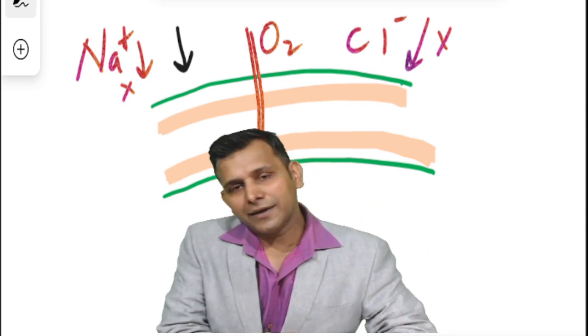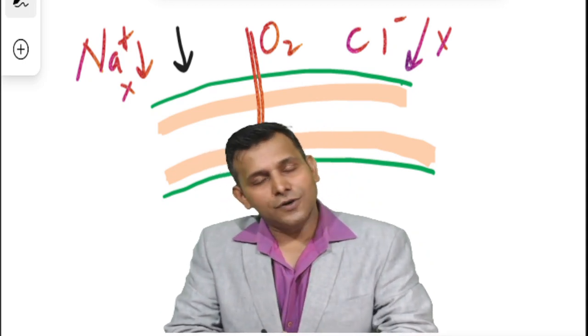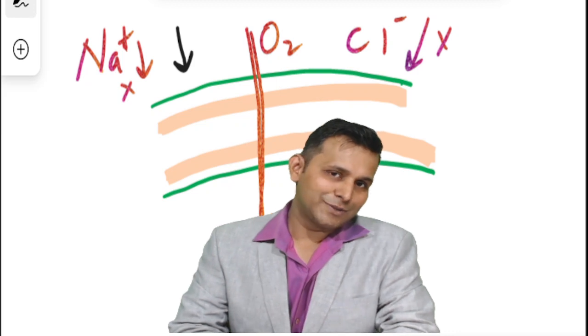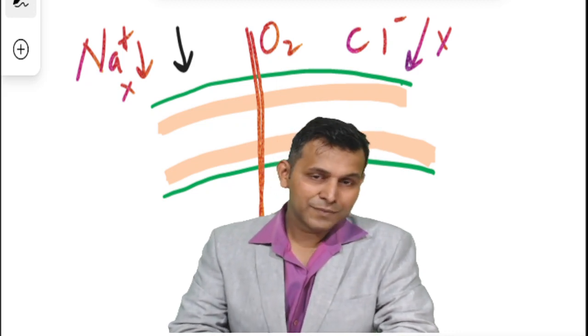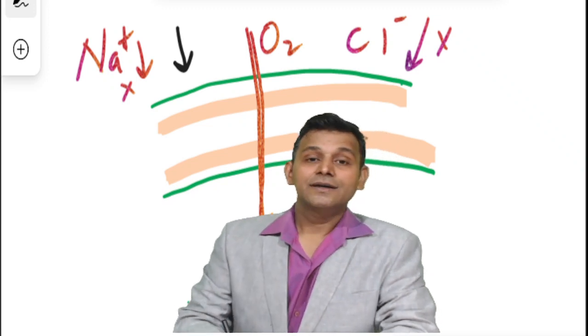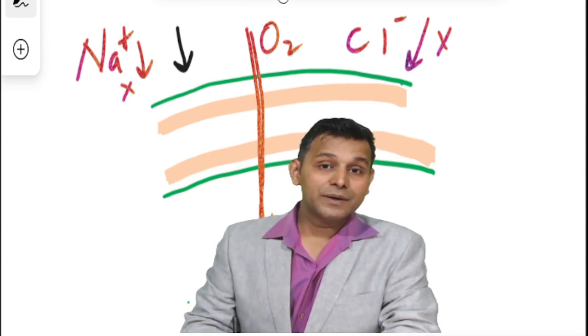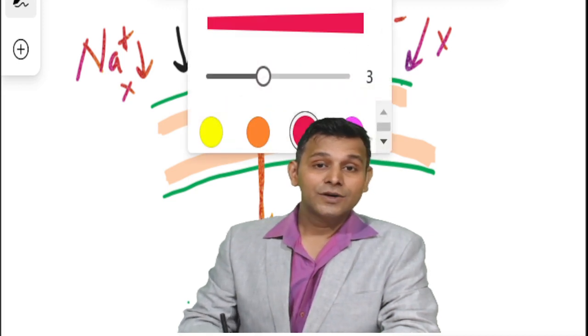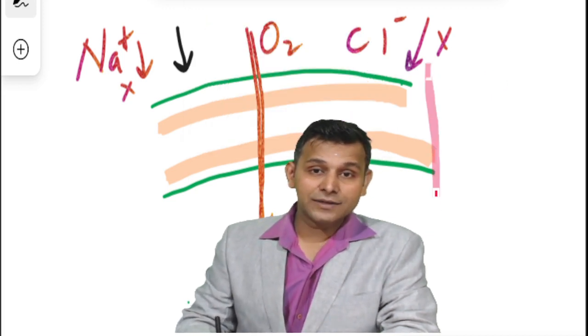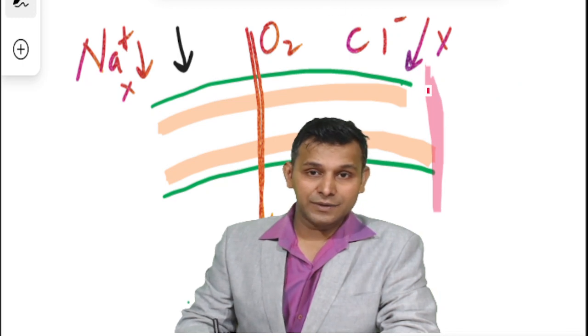Now the question arises, how can the water soluble substances cross the membrane? For this, the membrane has one more arrangement, and that arrangement is the protein molecules. The membrane has a special type of protein molecules which makes the channels or the windows in the cell membrane.